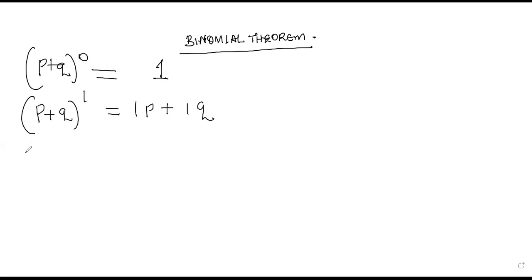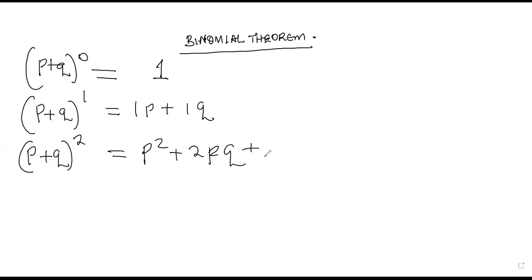If you have p plus q squared, this is the same as p squared plus 2pq, then plus q squared. Wherever I don't have a coefficient, I can put 1.